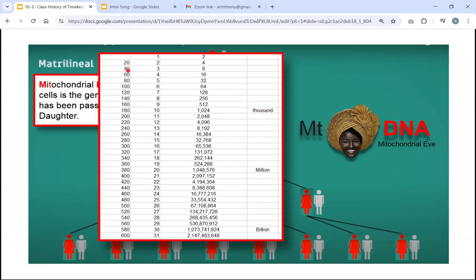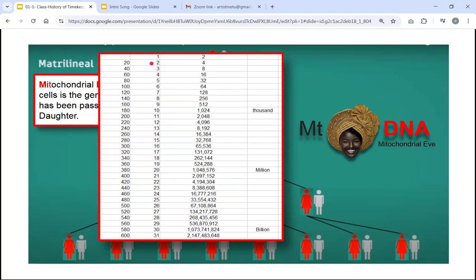There's another generation. So at the top here, you see one, that would be you, right? You have two sets of genes on the left-hand side. This column is the gene pool. This is your mother and father, right? So 20 years earlier, your mother and father gave birth to you.